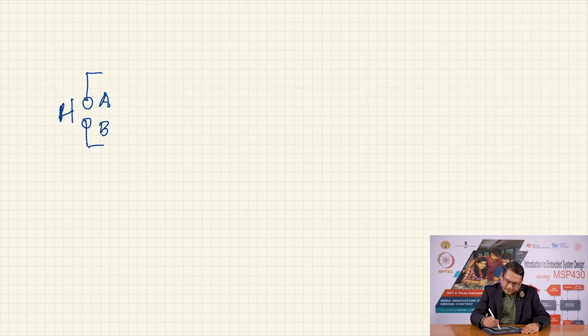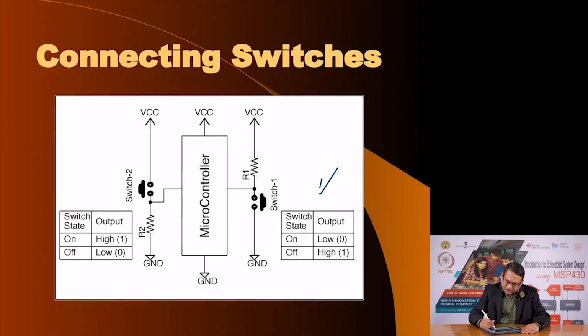So, on the right side, you see for switch 1, we have chosen that if the switch state is on, meaning if the switch is pressed, I want to get an output of logic 0. When the switch is off, meaning I have not pressed the switch, I should get a logic 1.